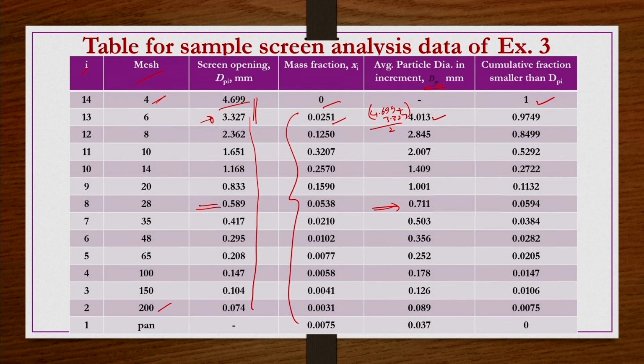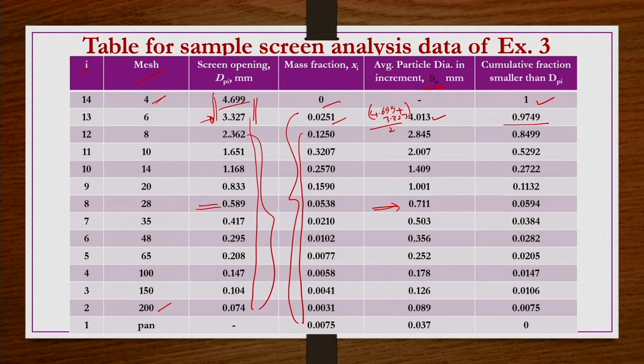For this row, except these two, all other things have a size smaller than 3.327. So all the corresponding fractions, from here to here, we have to add together. That comes out to be 0.9749.